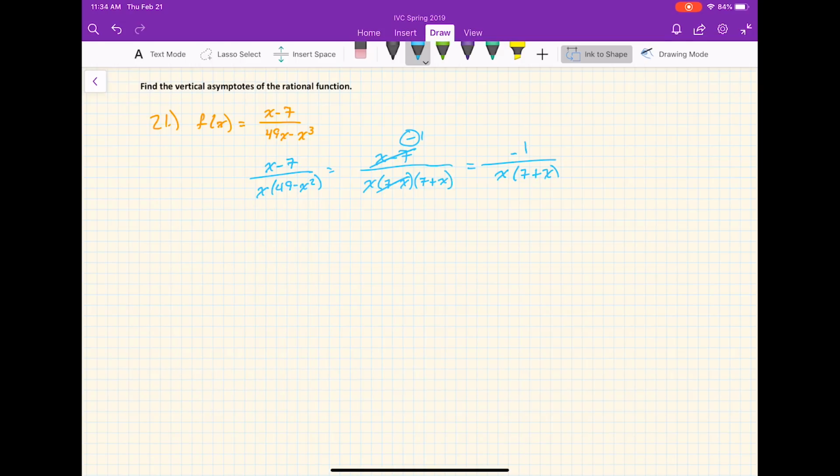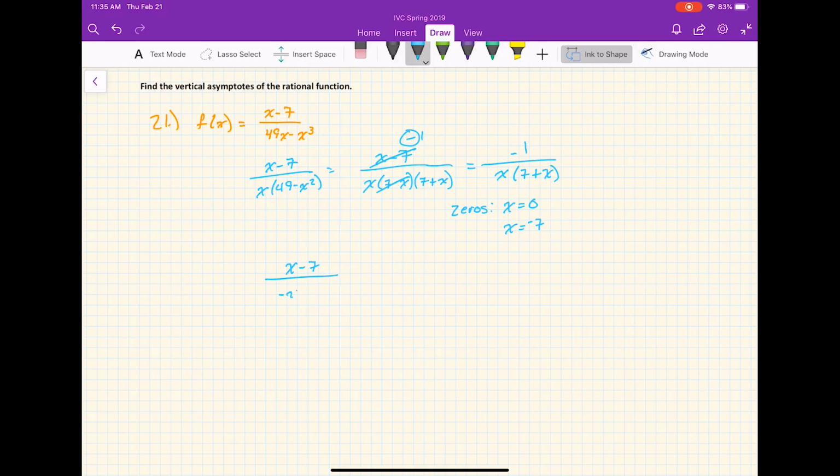Yeah, that's what's left. There you go. So our zeros are x equals 0 because of the x that's out in front, right? So if that was 0, and then we got minus 7 for our other one. So there you go.